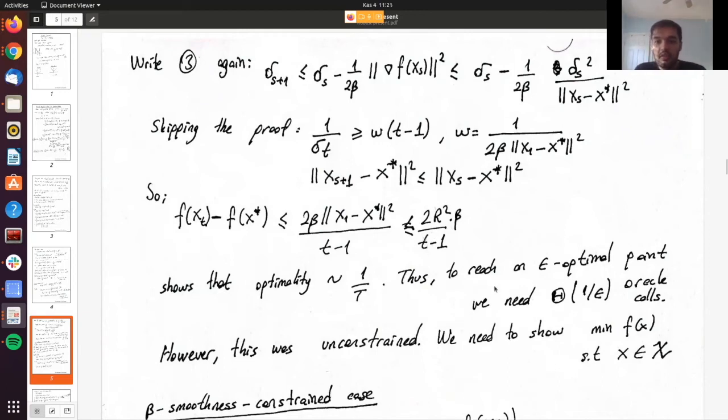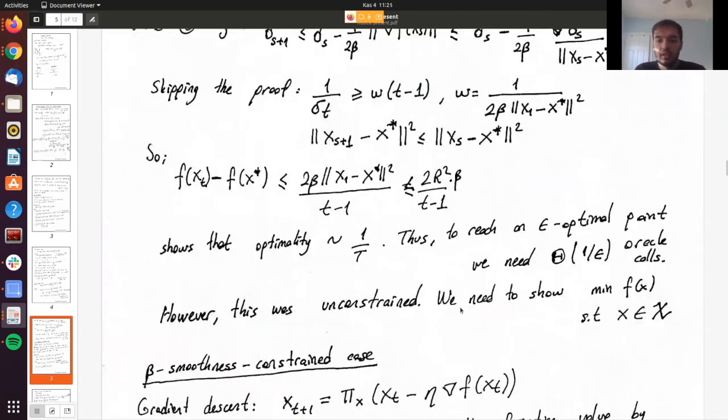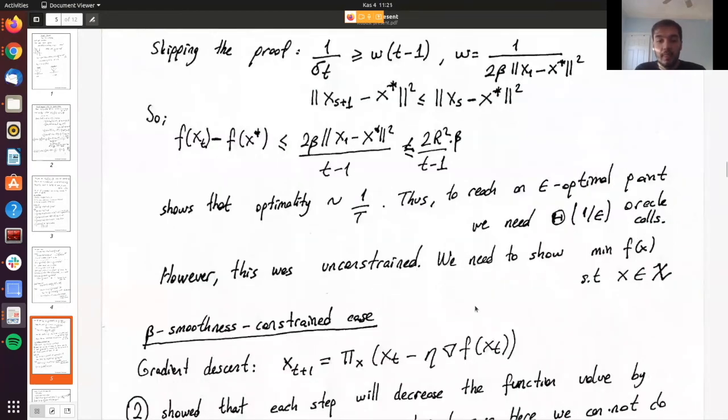That means to reach an epsilon optimal point, we need 1 over epsilon oracle calls. But this was unconstrained. Now we need to show the bound for the constrained case, where we should always stay in the convex set.